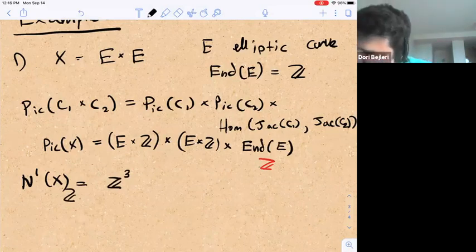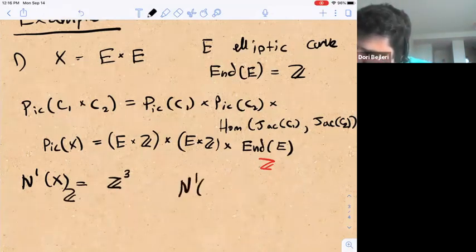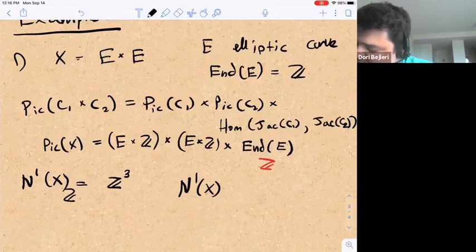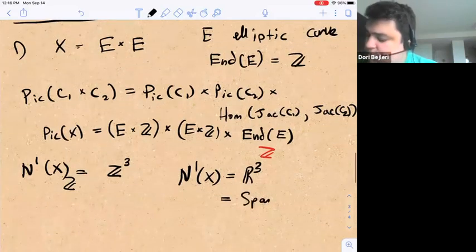And so if we tensor with R, so I'm trying to keep to the convention where if I don't put any subscript on N1 of X, then I mean R. Then this is a 3-dimensional vector space. And we can write it as the span of the following 3 divisors. So let me just draw a picture.